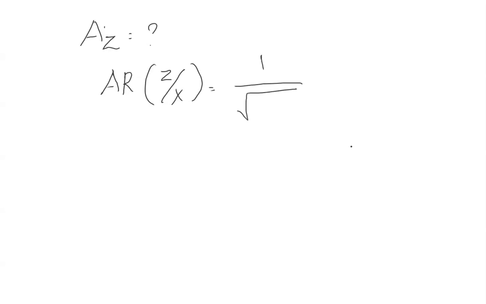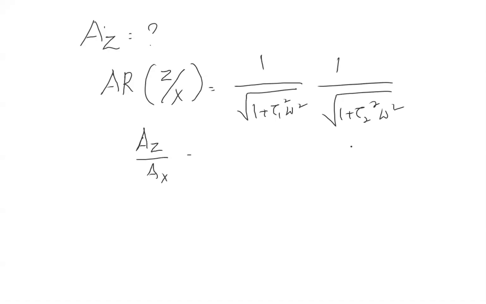What is the amplitude of z? For that, we write the amplitude ratio of z by x, which is nothing but 1 by root of 1 plus tau 1 square omega square, times 1 by root of 1 plus tau 2 square omega square. Amplitude ratio of z by x is amplitude of z by amplitude of x.